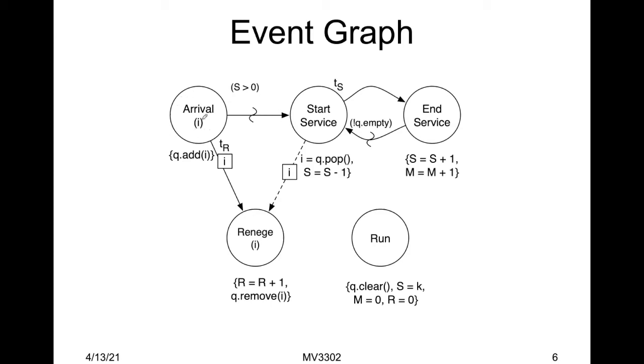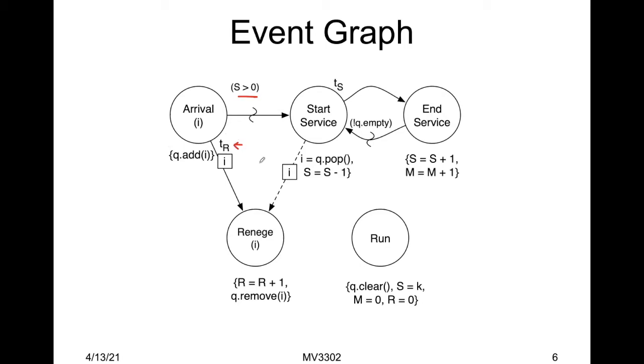When an arrival event occurs, keep in mind the argument is the ID of the customer. We add them to the queue. Now we do two things. One is if there's an available server, we'll schedule start service as we always have. But we're also going to take his renege time, which is how much time this customer is willing to wait.